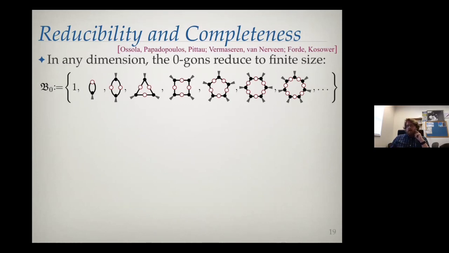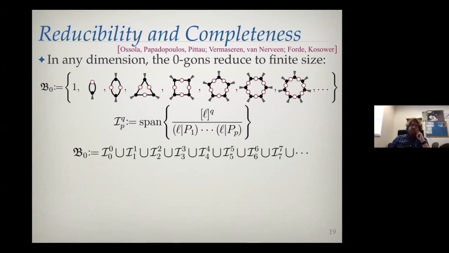So what are these elements? What do I mean by B0 is this? This is the space of zero-gons. Well, say IQP is the space of Q inverse propagators over P propagators, okay? And so B0, what I really mean is the union of no inverse propagators with no propagators plus 1 inverse propagator over propagator, et cetera, all the way up.